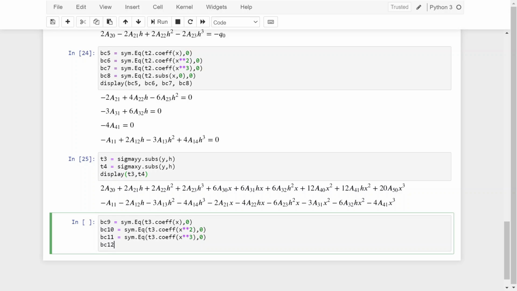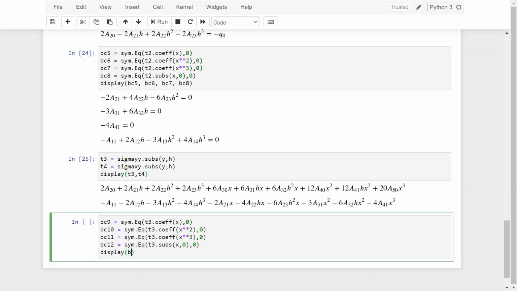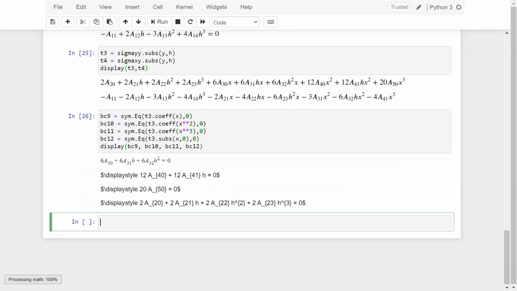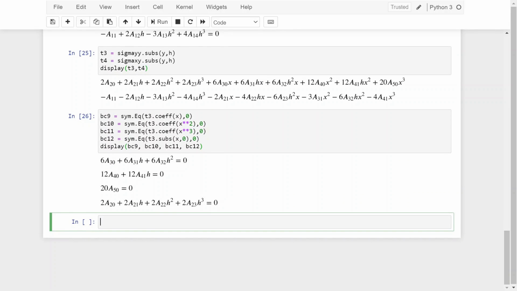Finally, for BC12, we'll have to substitute in the expression of T3 x as 0, so that we can extract all the constant terms. And again we display this. That's it. We have 4 more conditions now.